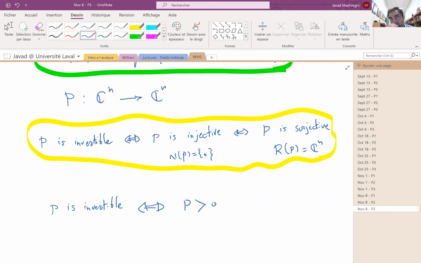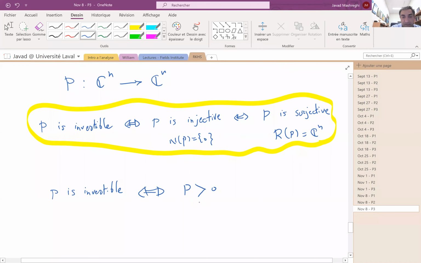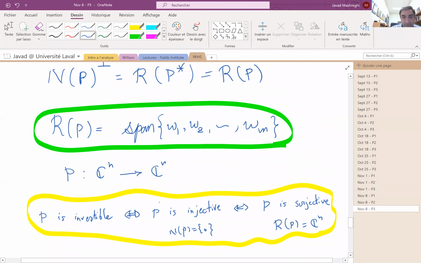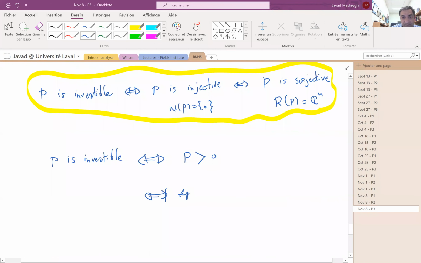We want to exclude equality. And this is equivalent, by the Green formula, to the span of W1 up to Wm being equal to Cn.